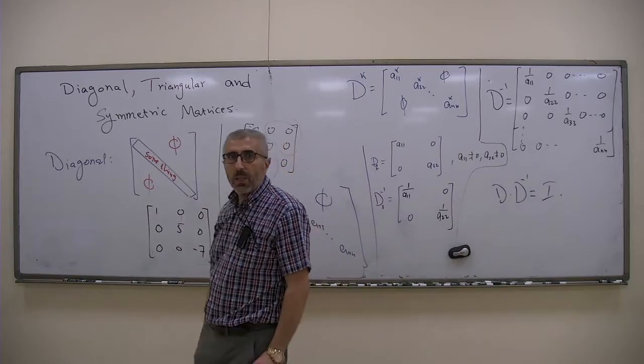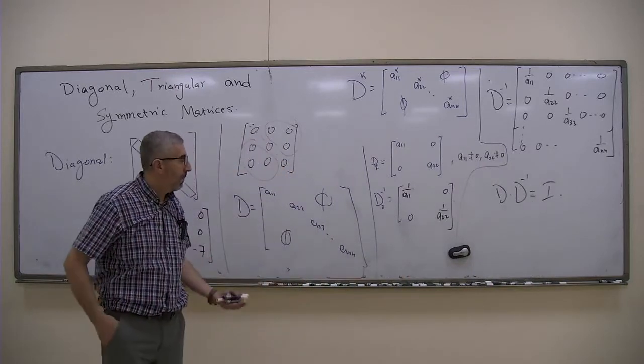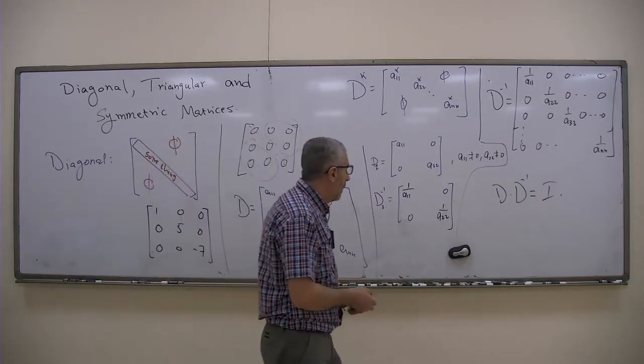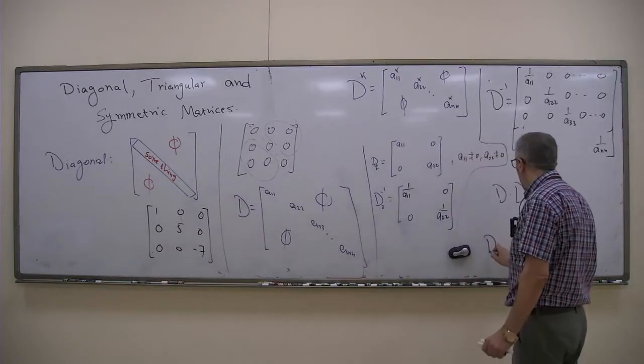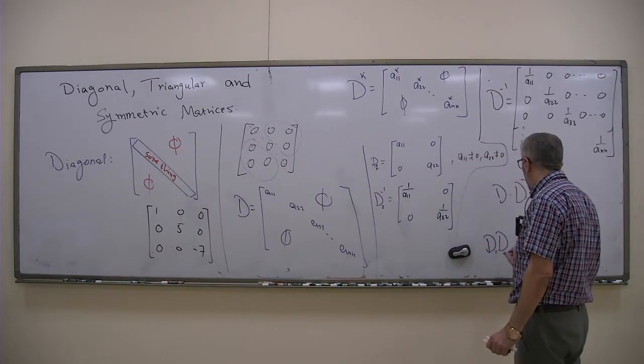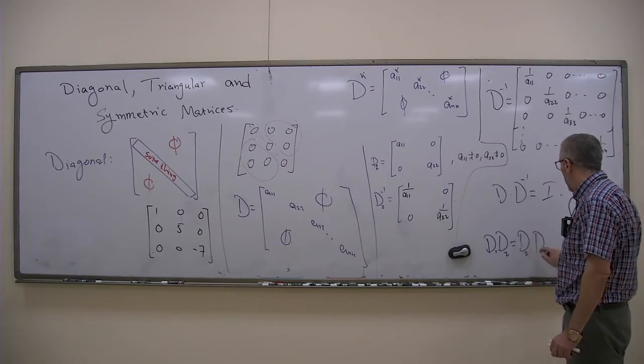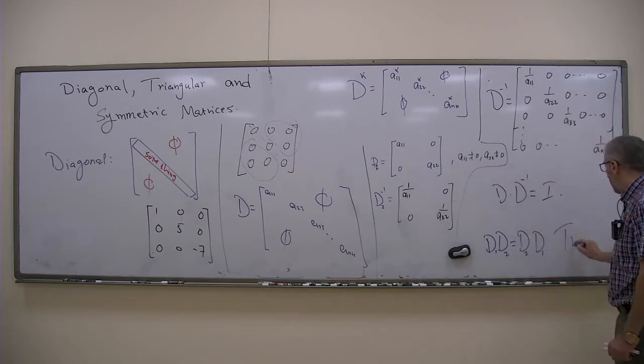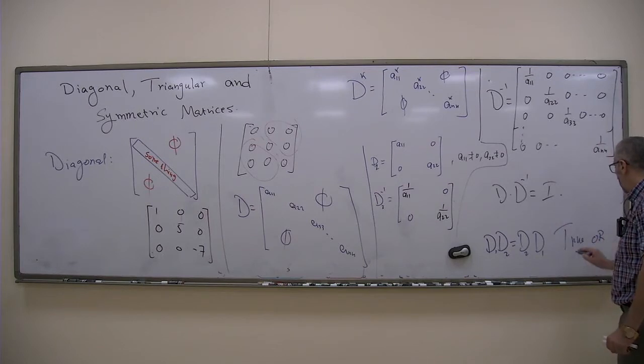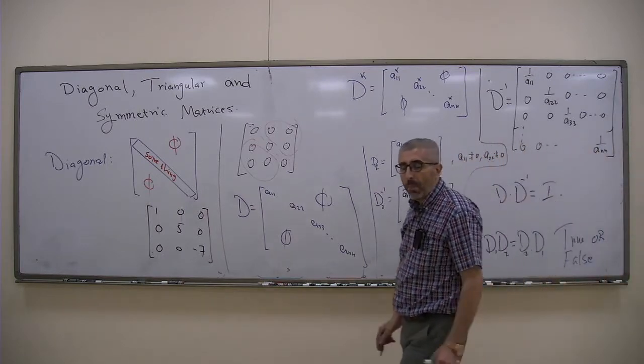Diagonal matrices commute. I mean by that, if you have a diagonal matrix D1 and you multiply it by diagonal matrix D2, that will be the same as if you multiply D2 by D1. True or false? It is true.